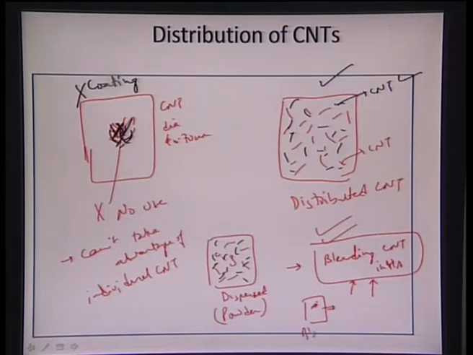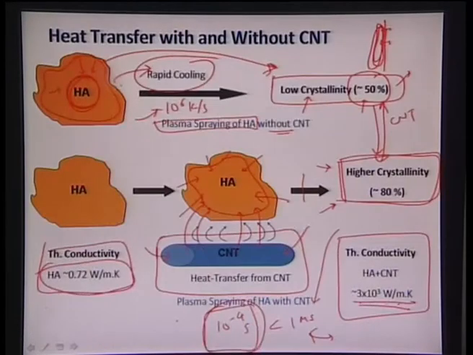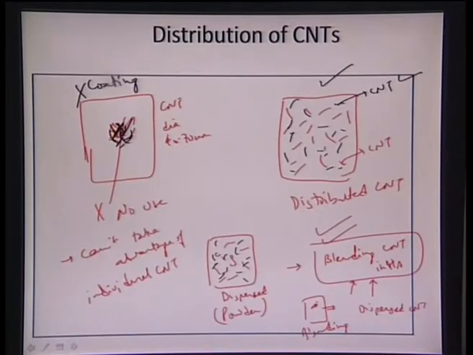Otherwise, these agglomerated CNTs will remain even at the plasma spraying level. So we need to avoid this structure, and should not get agglomerated CNTs even in the blending stage.